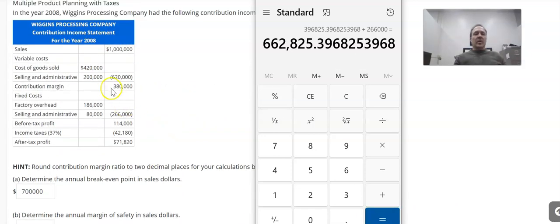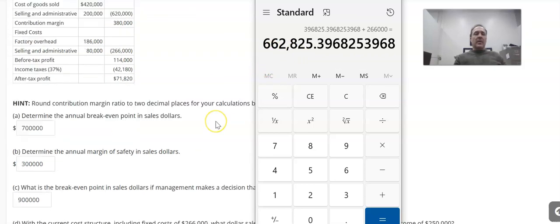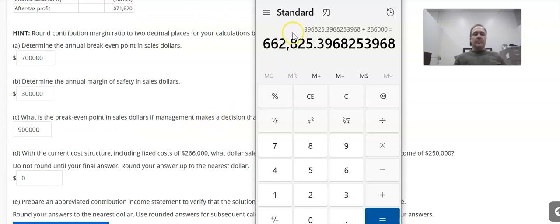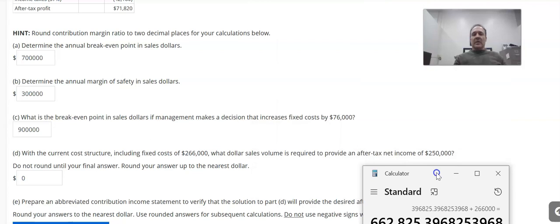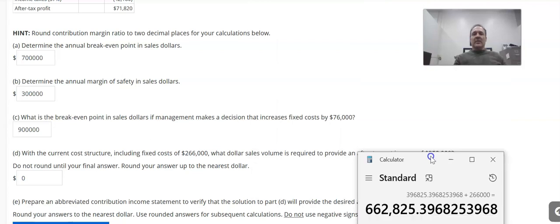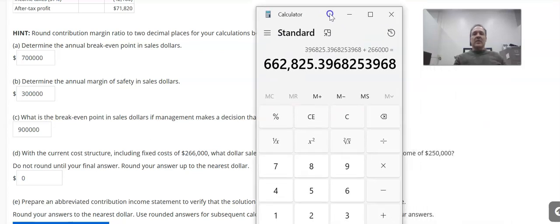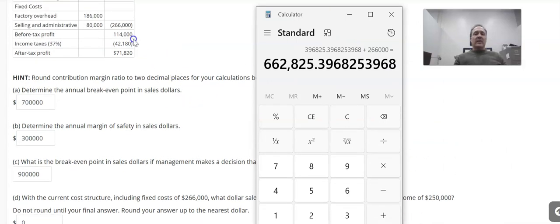All right. Recall that our contribution margin was 38%. Okay. So now we have our $250,000, what I think they were calling desired after-tax income, multiplied by 0.63, and then we added to that these fixed costs of $266,000.